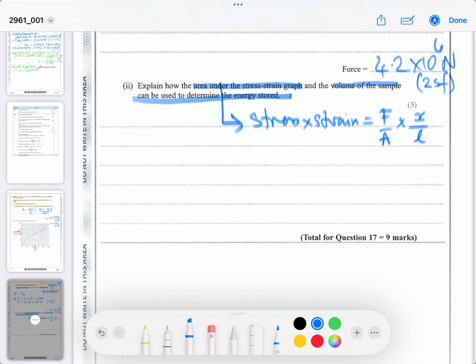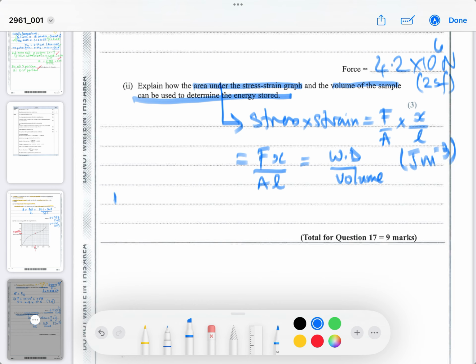Now you can see that the top is force times extension, so that's work done stretching something, and the bottom is A times L, which is volume, so that's work done divided by volume.